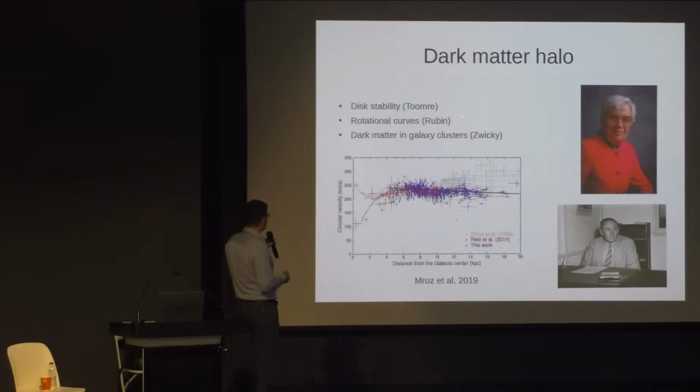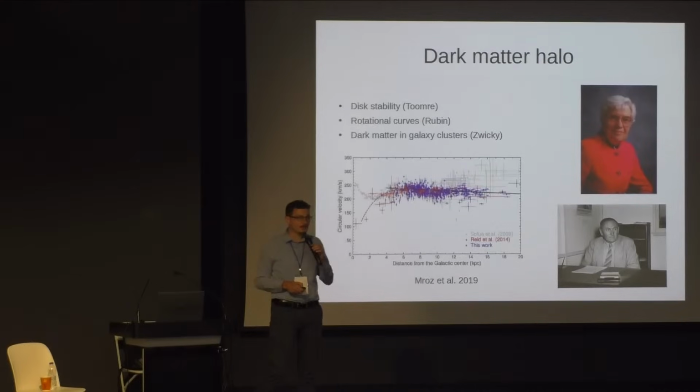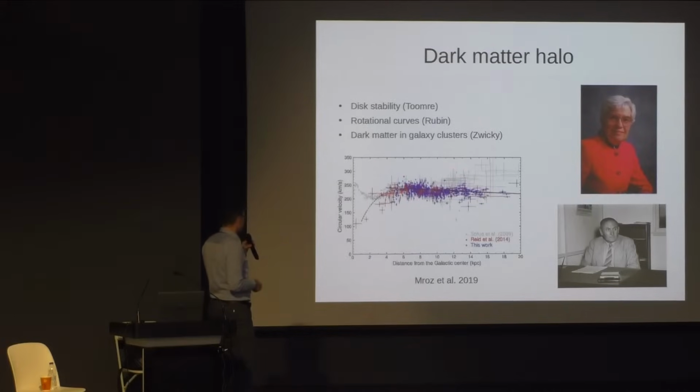Later, Vera Rubin was observing a lot of rotation curves in spiral galaxies, and she realized that if you observe gas far away from the galactic disk, at larger radius, you have the same rotational velocity as in the inner part of the galaxy. But you don't have the mass to support that high velocity.